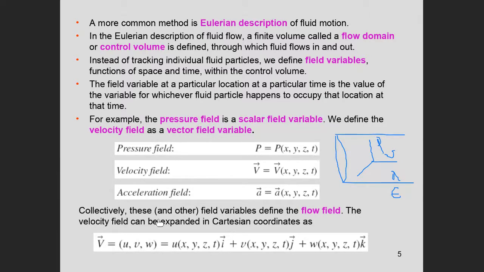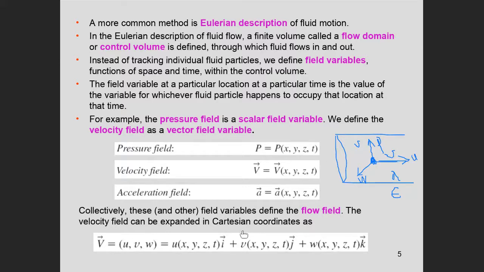Therefore, if you look carefully, the velocity itself at any point here has 3 components. Along the X direction it is called U, along the Y direction it is called V, and along the Z direction it is called what, guys? W. I think you have this.